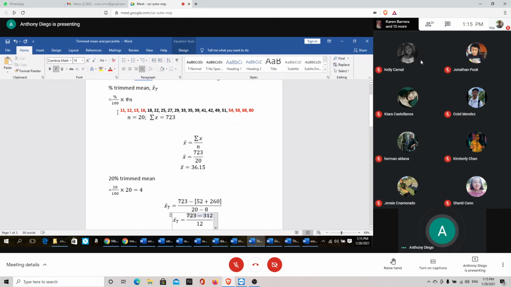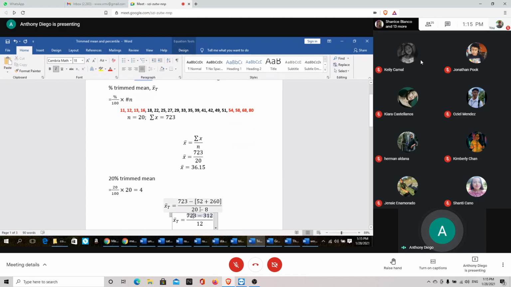When we add 11, 12, 13, and 16, we get 52. And when we add 54, 58, 68, and 80, we get 260. Those are the values we are removing. Adding them together, 52 plus 260 gives us 312. So that will be 723 minus 312.